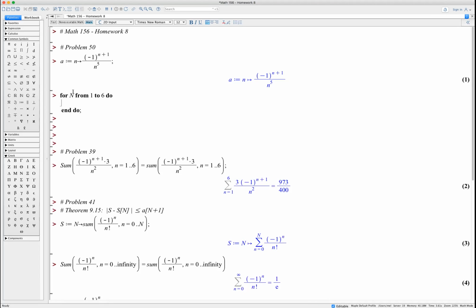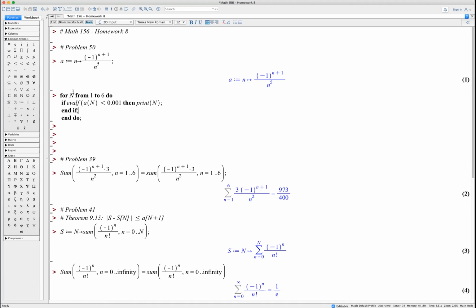And what I want to do is evaluate a of n. So if a of n is less than 0.001, then print n. So I'm just writing a little loop. So Maple will find the first n for which this number is less than 1,000th.